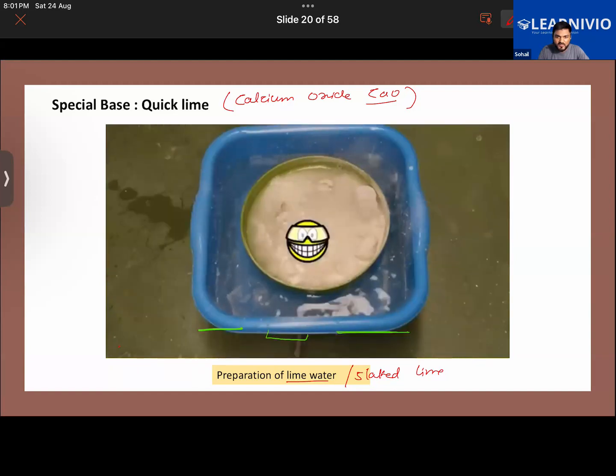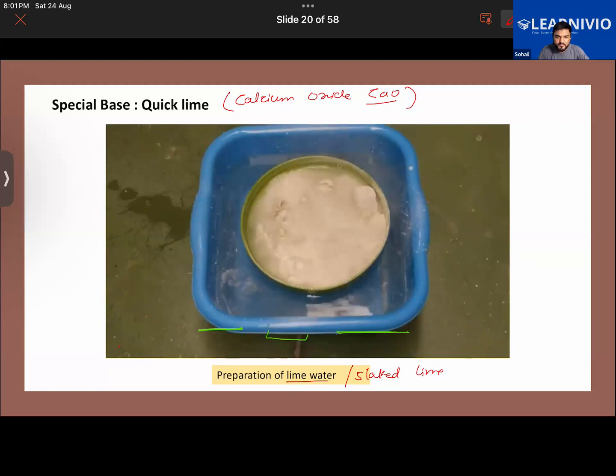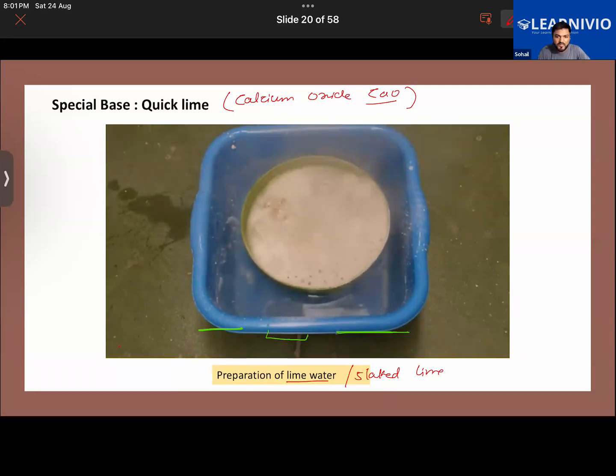Now just look at this, a little bit of explosion. So one must cover their face with protective glasses or a mask. Notice how bubbles are forming.